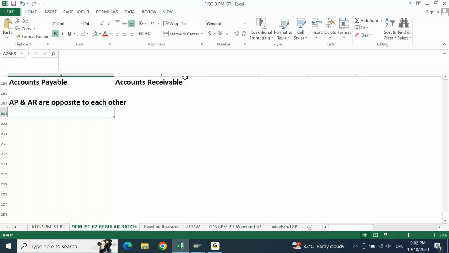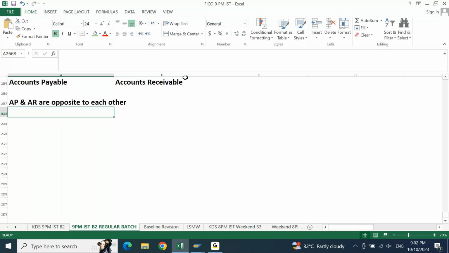When I say opposite to each other, if you know accounts payable, you automatically know what accounts receivable is, because this is exactly reverse. Debit becomes credit, credit becomes debit, purchase becomes a sale, sale becomes purchase. But you have to see it from a transaction point of view, not just reverse it like that. Assume that I am buying a product from you or you are selling something to me.